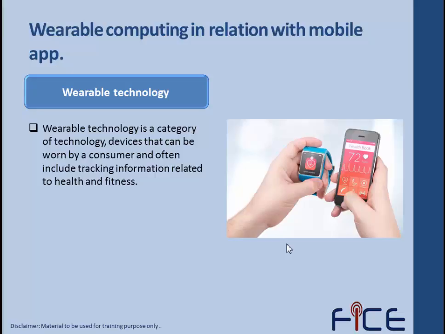This senior tracking device is used to track the activity levels of an elder person, and also to provide the real-time location information of that particular elder person. Like this, Fitbit bands and the Mimo baby monitoring system are all examples of wearable technology.